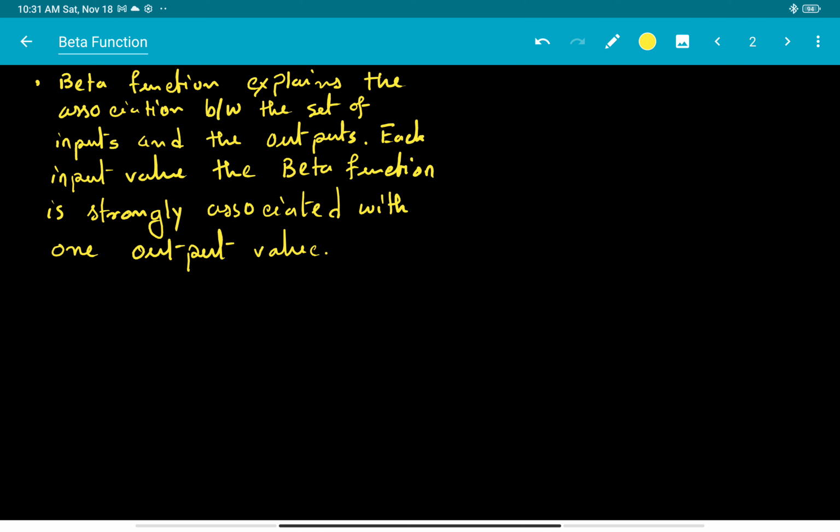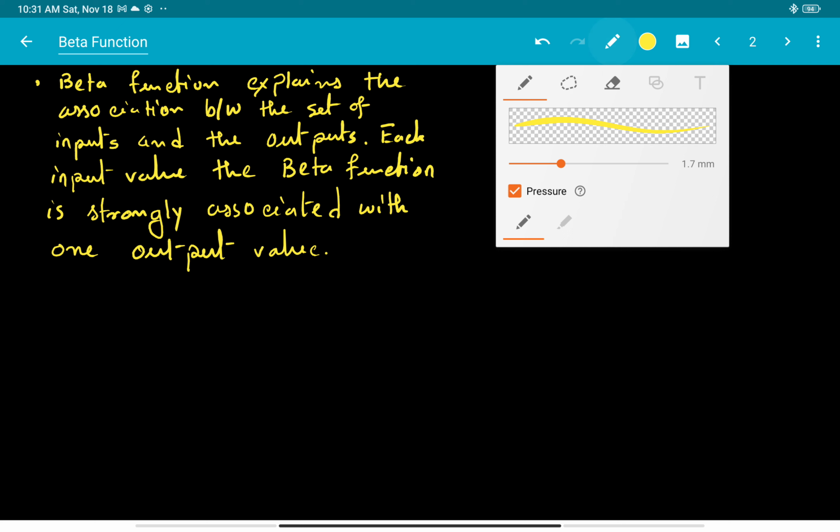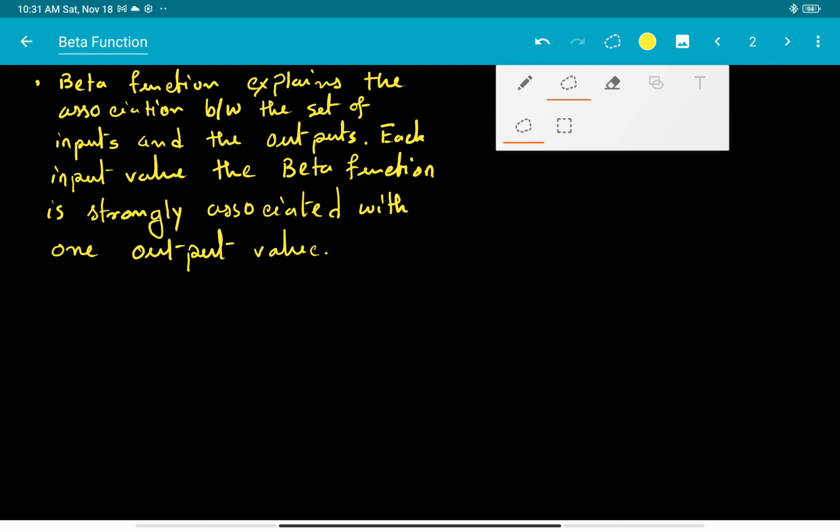This is the main motive, or what beta functions do in the context of problem solving or any other field of mathematical applications.